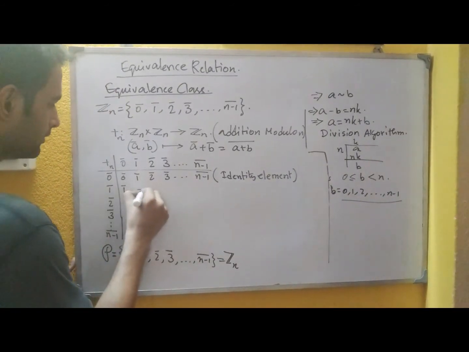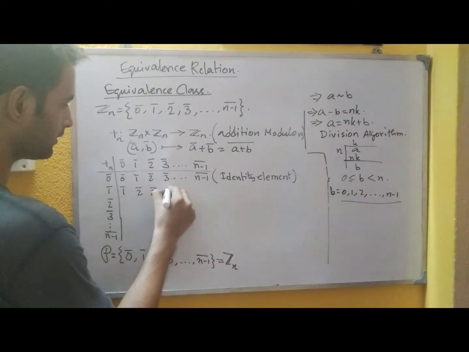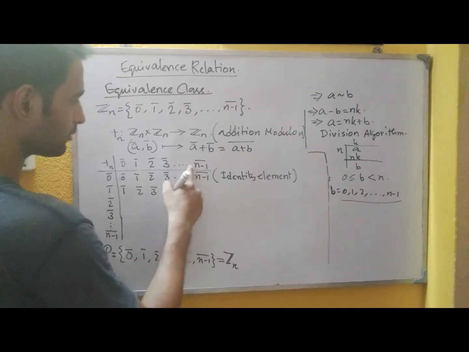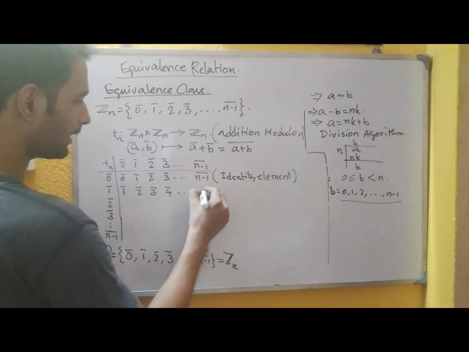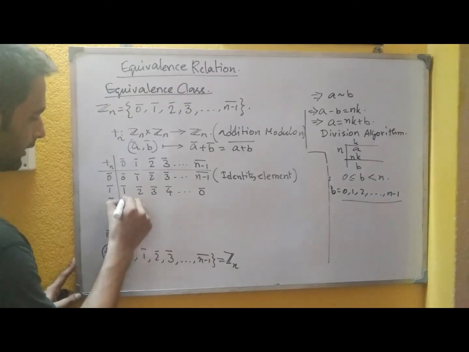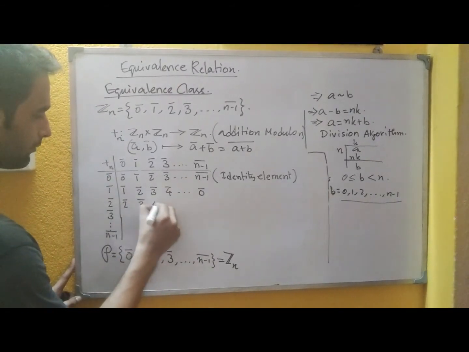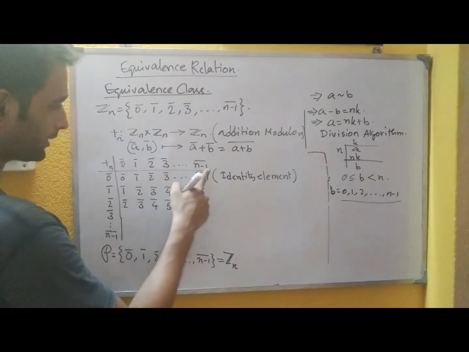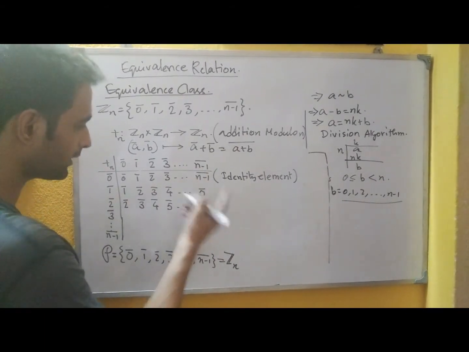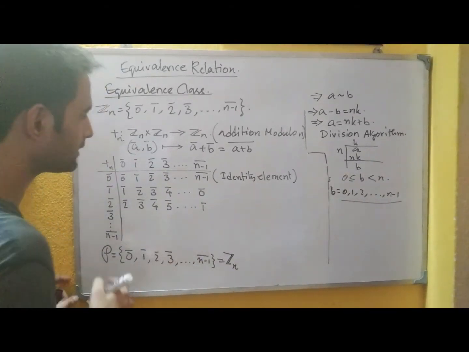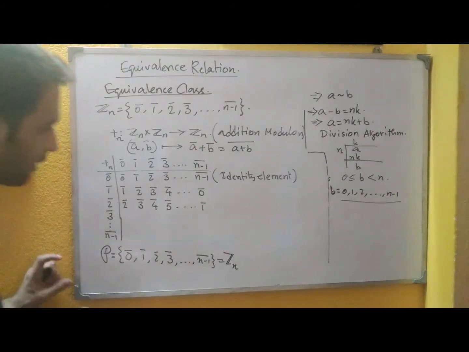Here it is 1 plus, 2 plus, 3 plus, 4 plus, and so on up to n minus 1 plus 1, that will give you n class, and that means it is 0 class. Similarly here it is 2 plus, then 3 plus, then 4 plus, then 5 plus, and here it is 2 plus n minus 1, that means n plus 1, and that means it is again 1 plus, because instead of n we can write 0.